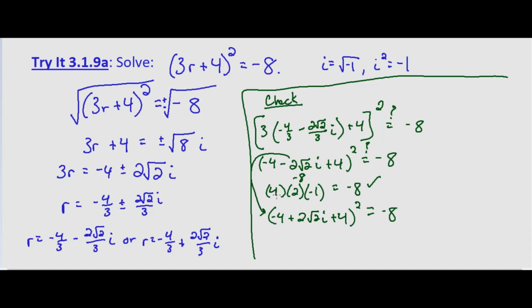The next step is going to be exactly the same. -4 plus 4 is 0, so 2 squared is 4. The square root of 2 squared is 2. i squared is -1. We end up with 4 times 2 times -1, which again is -8. So our solution checks. When (3r + 4) squared equals -8, r is going to equal -4/3 plus or minus 2 times the square root of 2 divided by 3i.